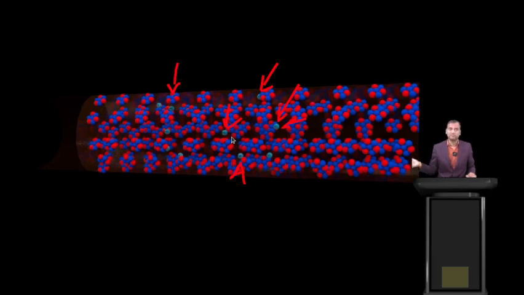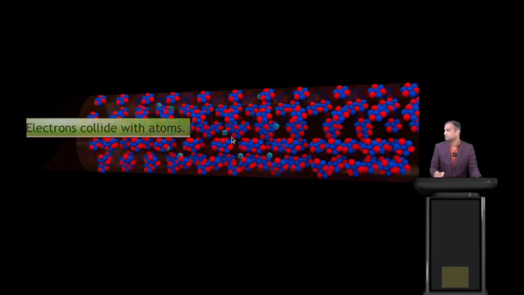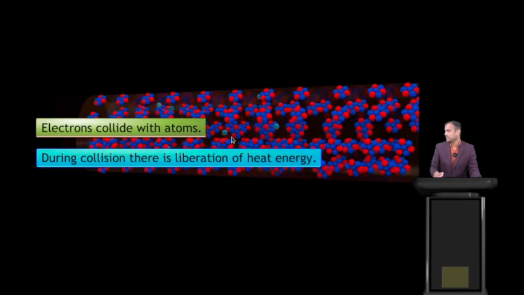And you already know that if two bodies collide, then they always produce heat. So this is the reason for producing heat with electricity. Here electrons collide with atoms. During collision there is a liberation of heat energy.